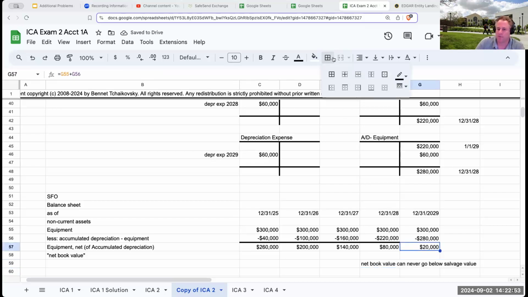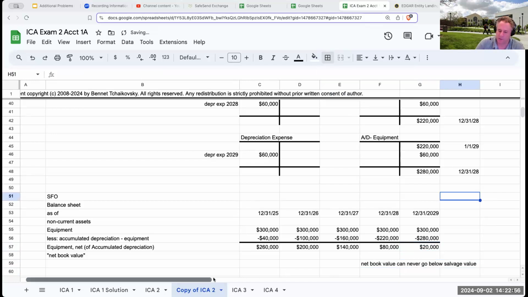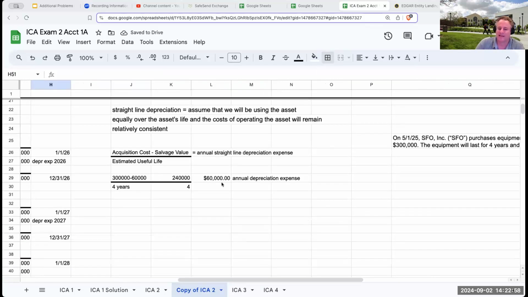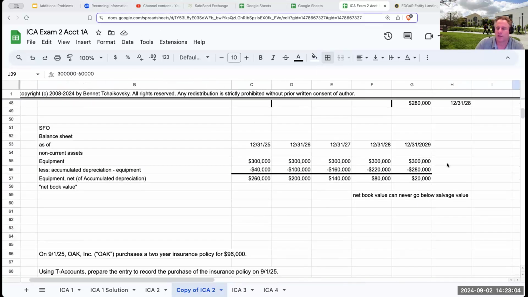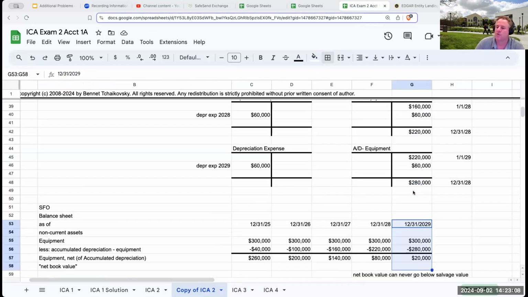Here's my problem. My salvage value was 60,000, right? 300,000 minus 60,000. And so here, my net book value, I have a problem. So what does that mean? Well, where did we go wrong in doing this problem?